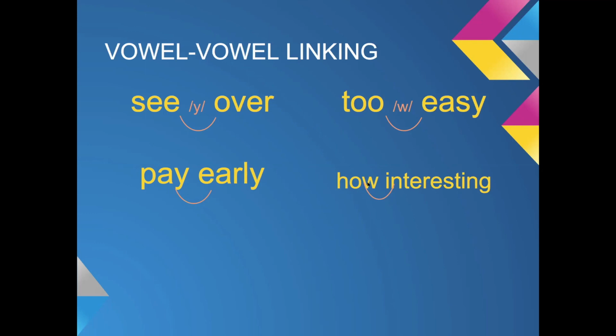And finally, how interesting. Notice those glide sounds help us link these two vowel sounds: the E and the O, the A and the sound we hear at the beginning here, the oo and the E, and the w and the I sounds. This is called vowel to vowel linking.